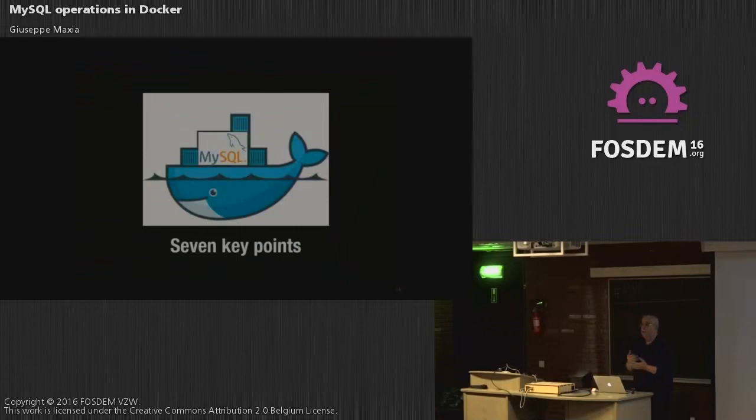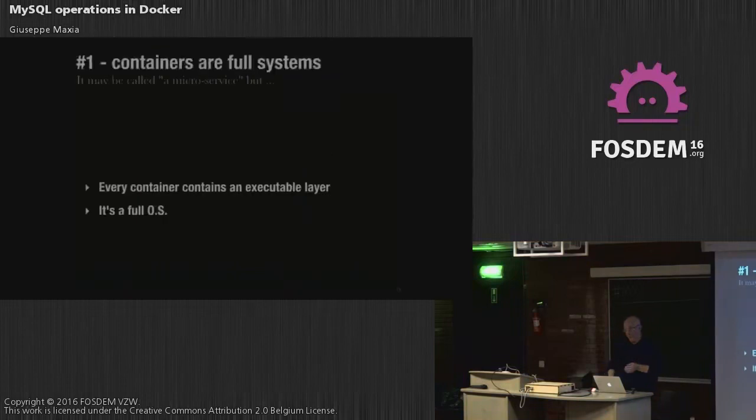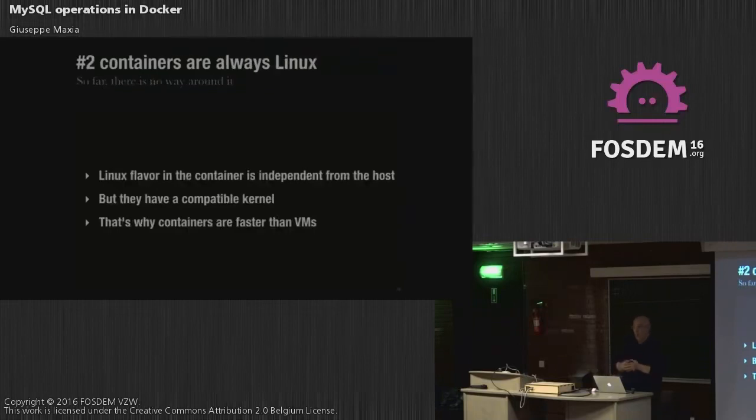So, since we are talking about beginners here, people who have never used Docker, there are seven things that you need to be aware of. The first thing I mentioned already: a container is a full system. It's not a virtual machine, but it feels like one. So there is a real Linux operating system inside. Containers are always Linux.